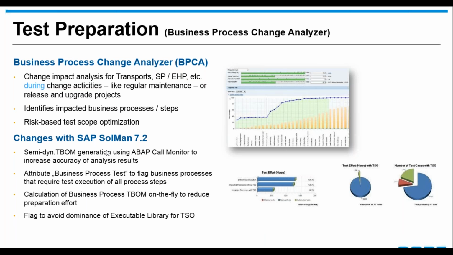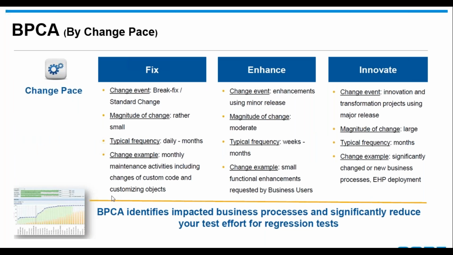Just real quickly, changes with 7.2: semi-dynamic T-BOMs now use the ABAP call monitor, which is also used with UPL. There are some new attributes in there, and there are ways to flag in the test results, and then change pace. 7.2 begins to talk about different methodologies and processes.